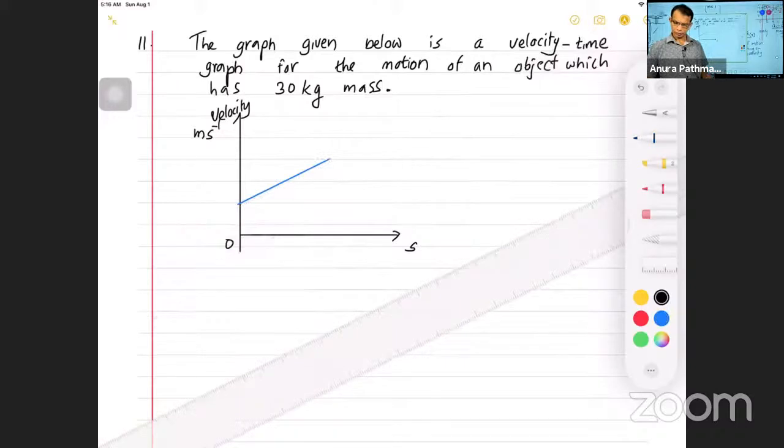This is the graph. And this is 10, 20, 20.